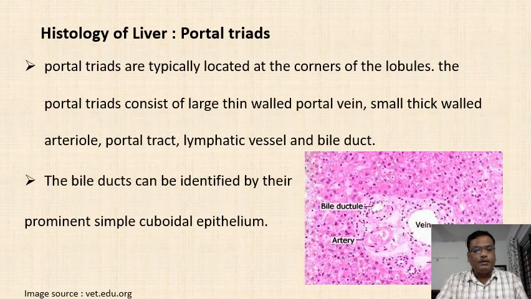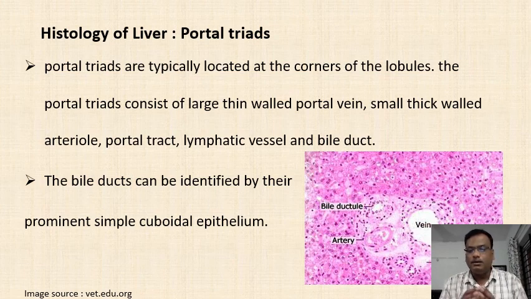Now let us move on to understanding hepatic triads or portal triads in detail. Portal triads are typically located at the corners of the lobules. We already discussed it. The portal triads consist of a large thin walled portal vein.